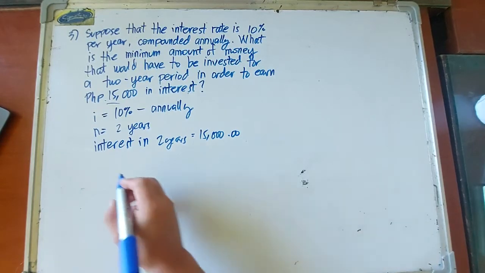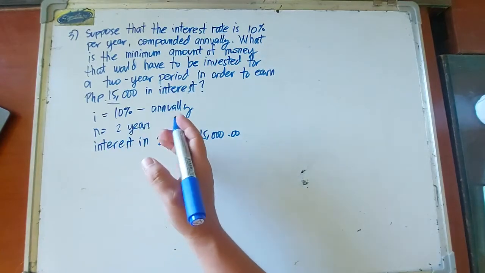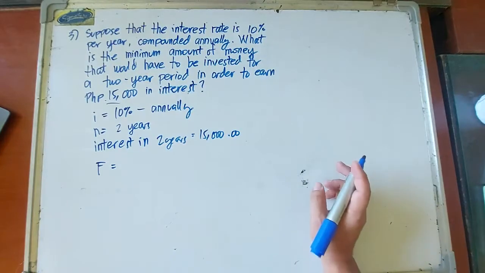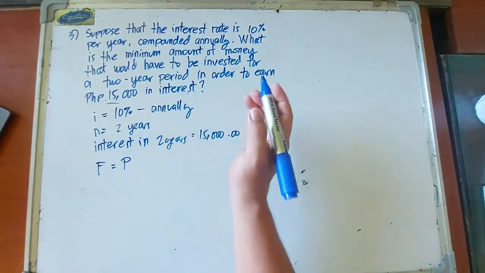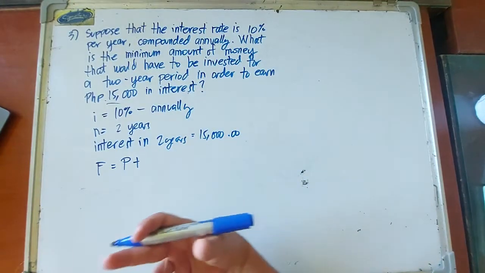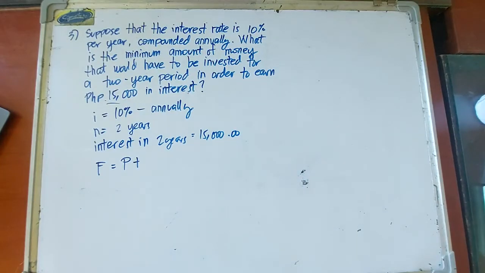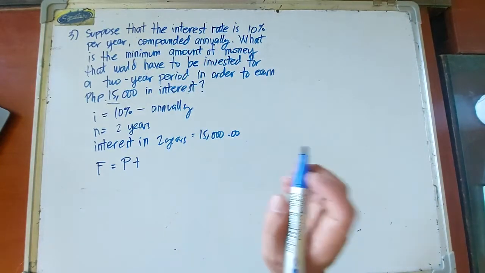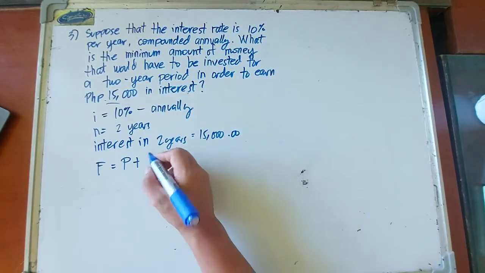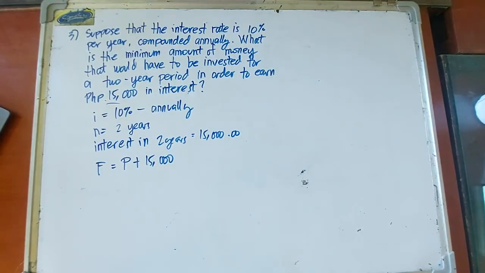So ang future worth natin, from our previous discussions before, when we discussed about interest, we know that the future worth is equal to the present worth, or the principal plus the interest. The interest may be in terms of simple or compound interest. In this case, we are dealing with compound interest. So plus the interest after the period, which is 2 years, that is 15,000 pesos.